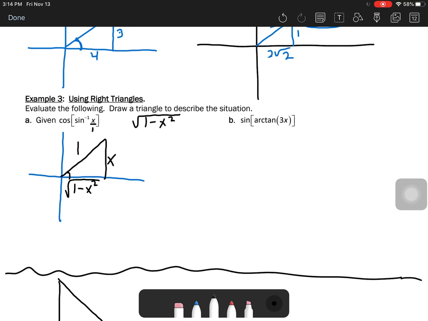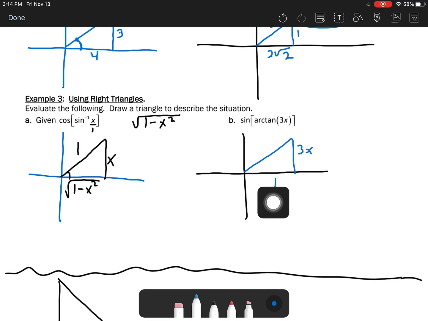Okay, and for the last one, in a similar way, if I draw this one out, this time we're looking at an arctan, so some angle that has a tangent of 3x, and remember your ratio for tangent is opposite over adjacent, so I'm going to call the opposite 3x and the adjacent 1. Then I can do my Pythagorean theorem, 1 squared plus 3x squared, and I have to take the square root of that.